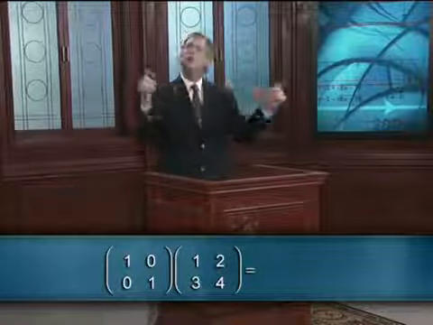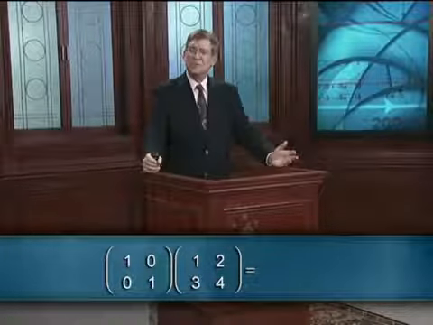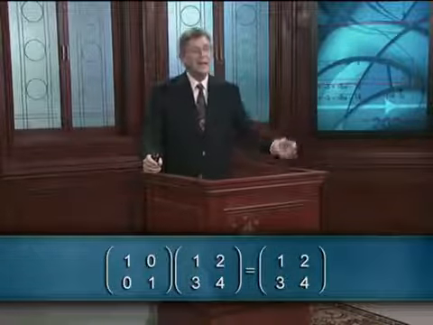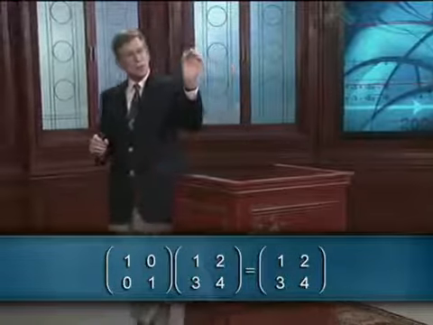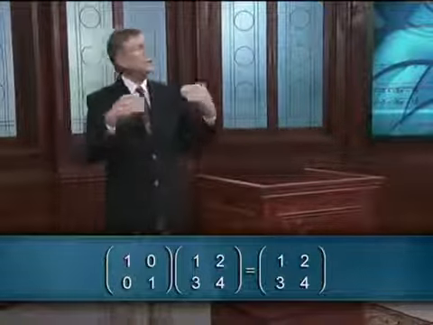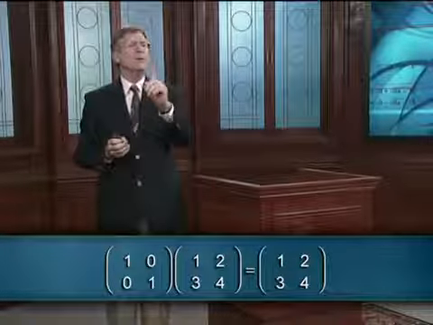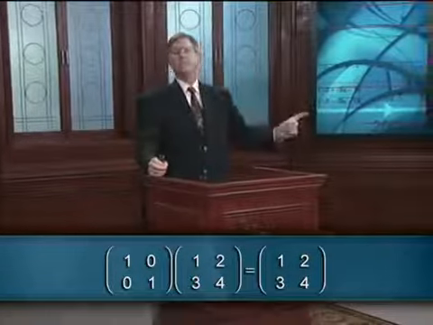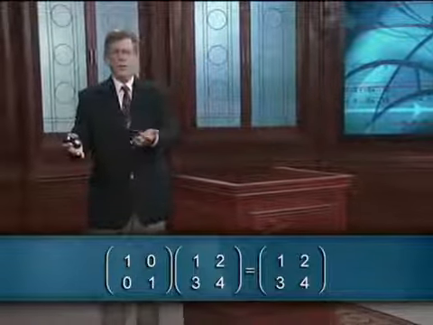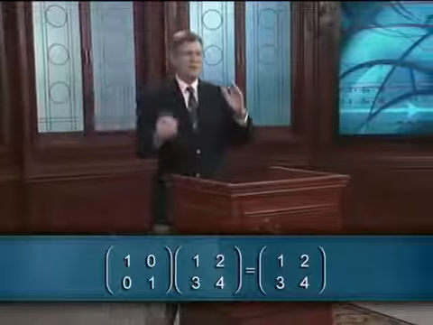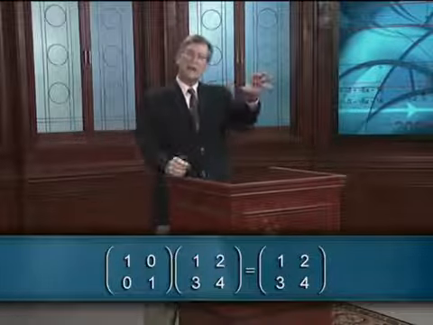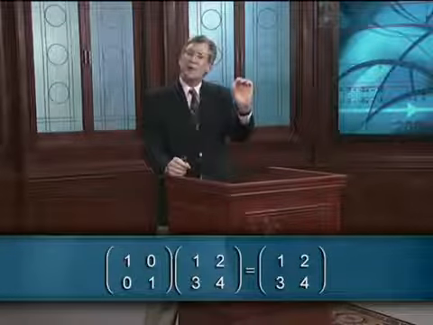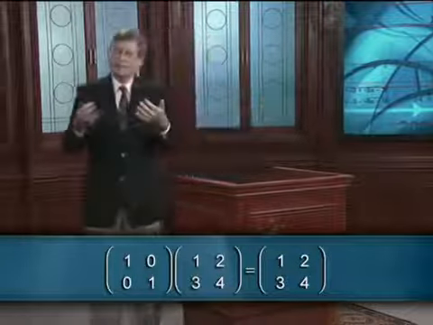Out comes 1, 2, 3, 4, the same matrix. In other words, this matrix 1, 0, 0, 1 plays the role of the number 1 in the real numbers. If you take a real number and multiply it by 1, you get back that real number. Here the same thing's happening. If you take a matrix and multiply it by this matrix, out comes that original matrix.